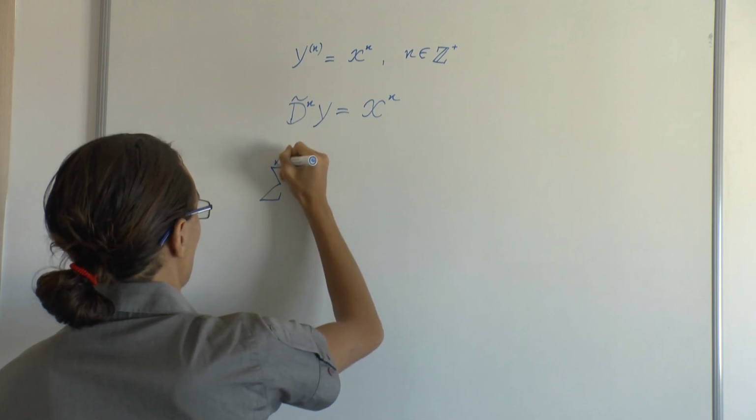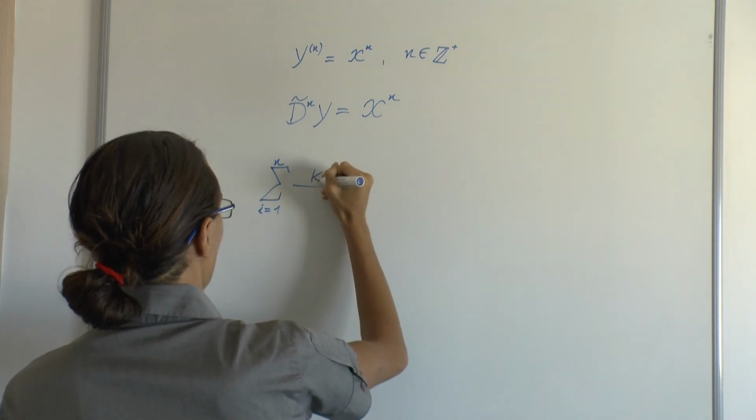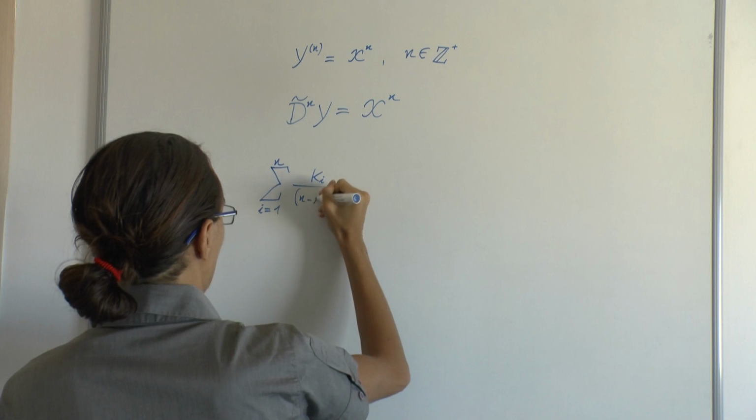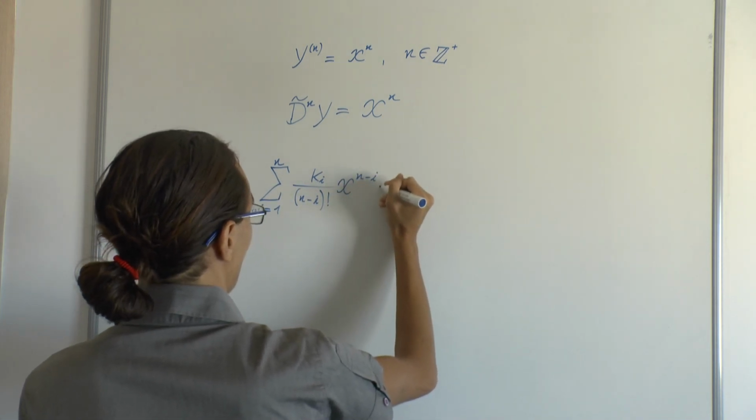So the sum from i equals 1 to n of k_i over (n minus i) factorial times x to the n minus i.